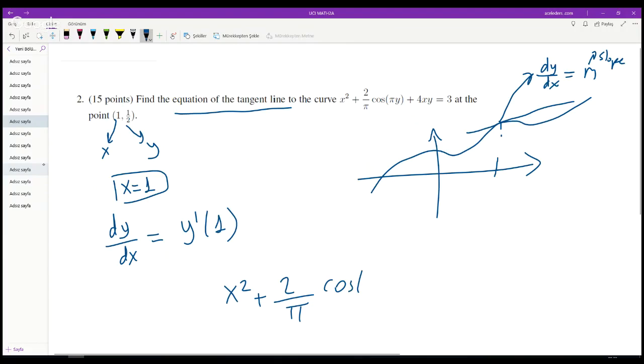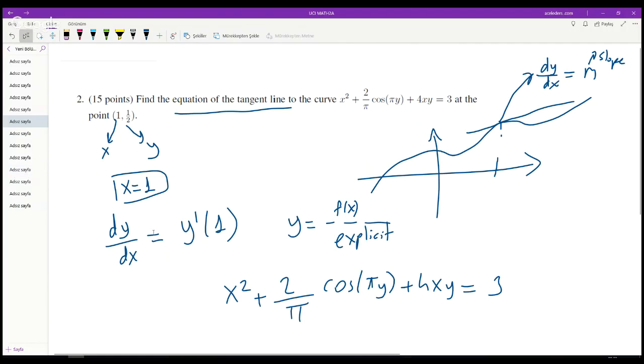So now I write the equation: cosine of pi y plus 4xy equals 3. Now you are all used to finding dy over dx when we have y equal to a function of x. That means when we have y as a function of x in an explicit form, it is easy, and this is explicit differentiation.